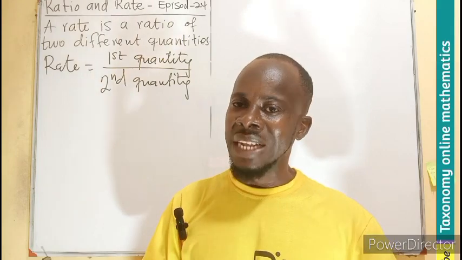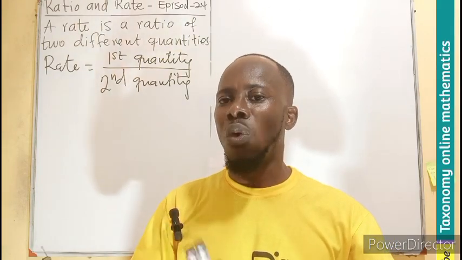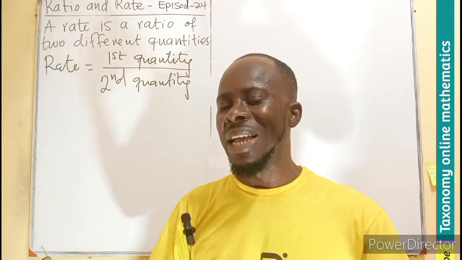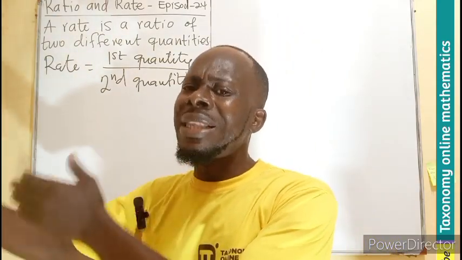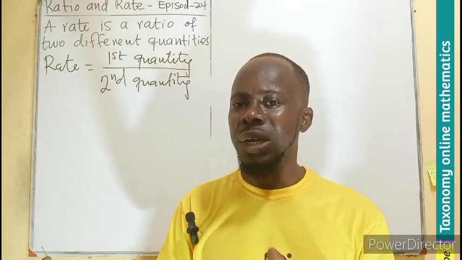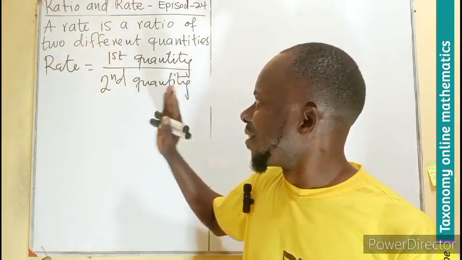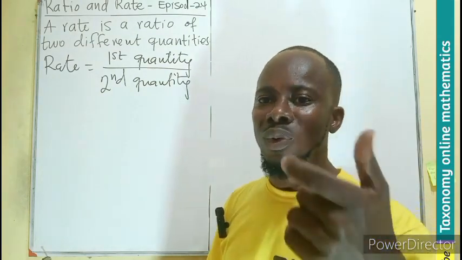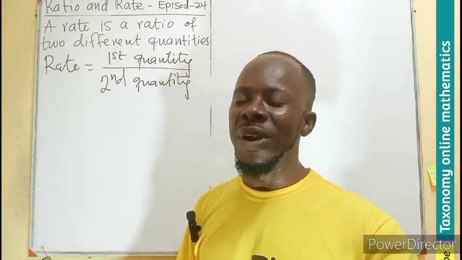We also can see that in terms of speed, which compares the distance traveled per the time taken in completing that. So basically, rate is only a comparison between two quantities which are of different units.